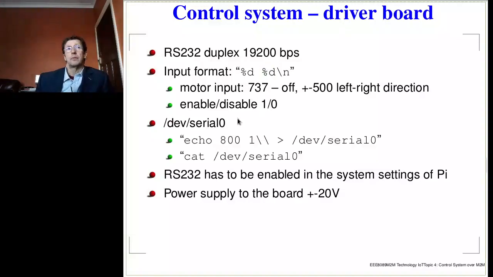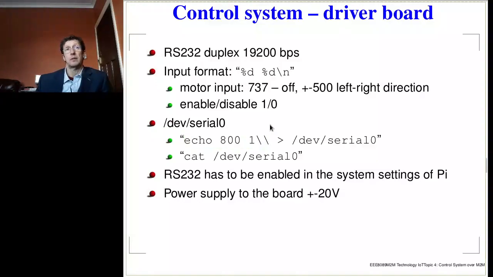Where do we output it? We output it into a device which is represented as a file in our Raspberry Pi, and you just copy the stream there, and the motor will do the appropriate action. For example, you can say echo 800 space 1 and backslash backslash n, whatever it means.